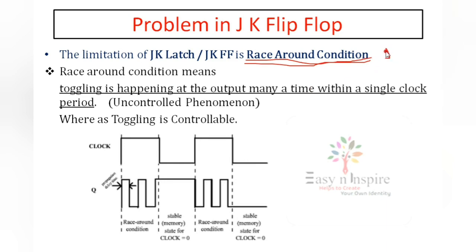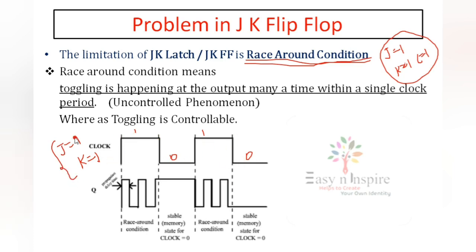Toggle condition occurs when J is equal to 1, K is equal to 1 and clock is equal to 1. Same condition I am taking here. Clock 1, 0, 1, 0. Consider I have applied J equal to 1 and K equal to 1, and the clock is like this.